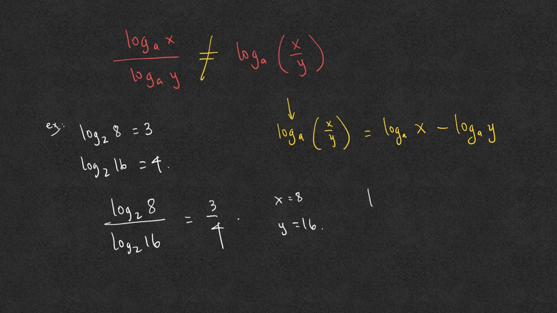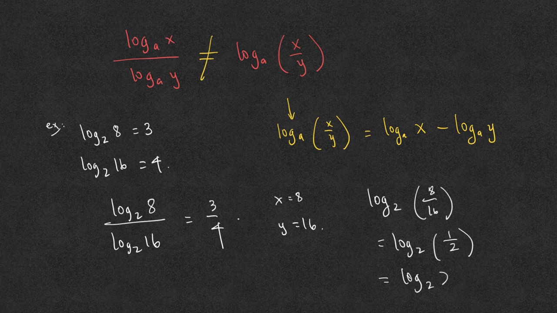What happens when we do log base 2 of 8 over 16? Well, 8 over 16 is 1 over 2. And log base 2 of 1 over 2 is the same as log base 2 of 2 to the negative 1. And so the answer is negative 1, which is not 3 over 4.